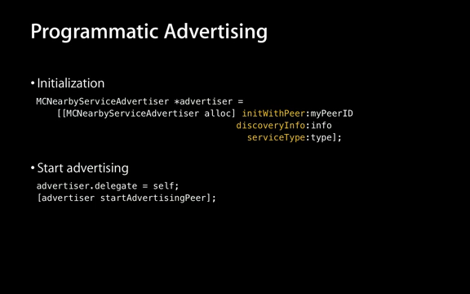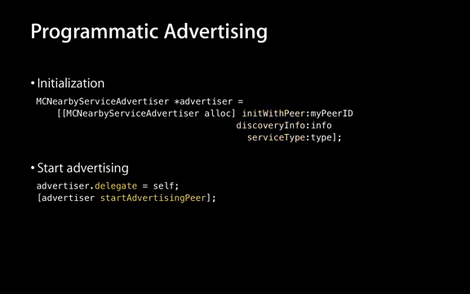Discovery info is an NSDictionary object that you can set, and it's going to be a set of key value pairs. This set of key value pairs will be added to the advertiser's Bonjour text record. That means that when the browser sees this advertiser, it will see this information along with the fact that it discovered it. The third parameter is a service type, and we all know what service type is now.